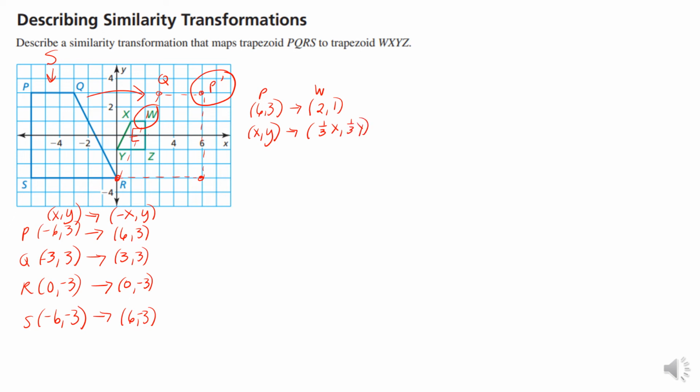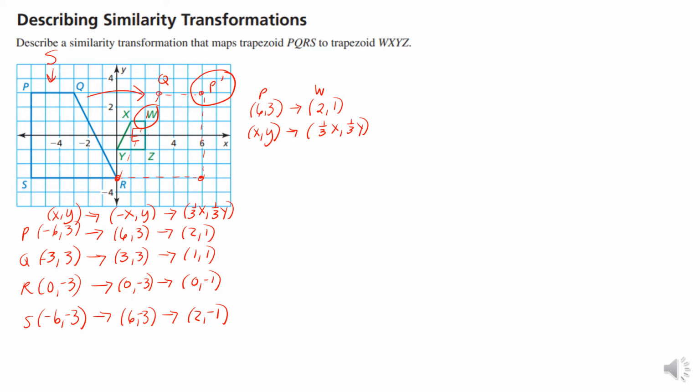Okay, so now I go back and I do that, 1/3 x, 1/3 y, and I get 2, 1, and I get 1, 1, I get 0, -1, and I get 2, -1. And now I can see that those are the points that match the new graph.